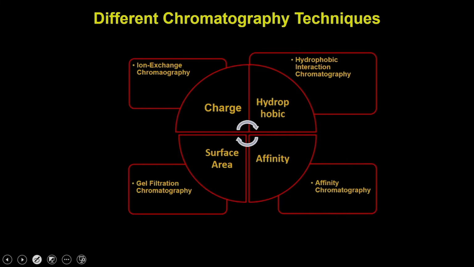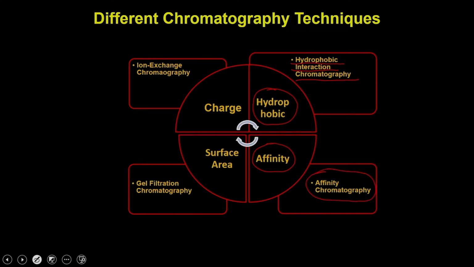As I said, you have the hydrophobic core. That hydrophobic core can be exploited in a technique called hydrophobic interaction chromatography. Similarly, you have affinity regions on the proteins, and that can be exploited in affinity chromatography.